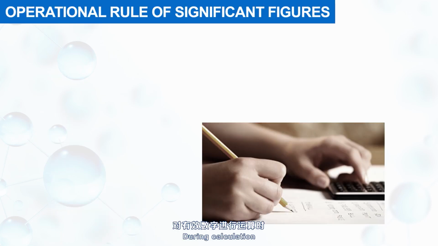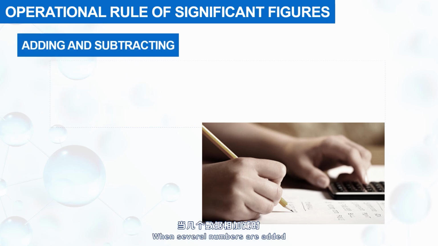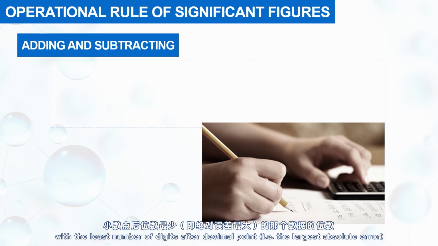During the calculation, operational rules of significant figures should be followed. When several numbers are added, the number of significant figures for the calculated result depends on the one with the least number of digits after the decimal point. That is, the largest absolute error.